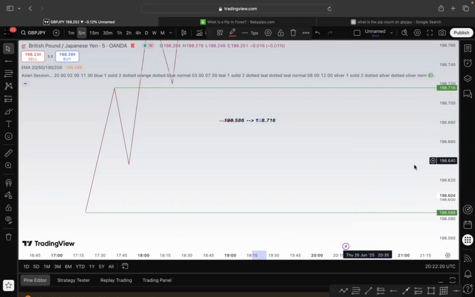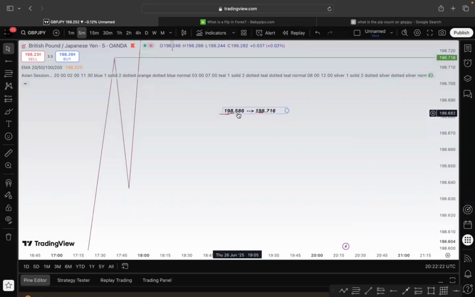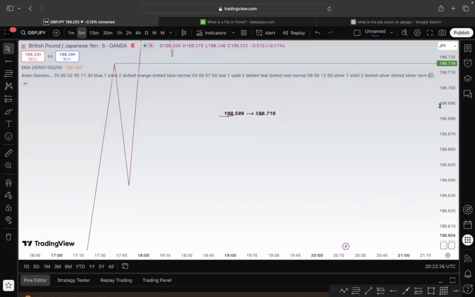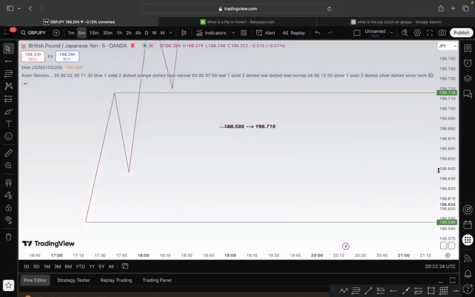So every price movement at the decimal place before your pip count, before your second decimal place, would give you a 10th value.